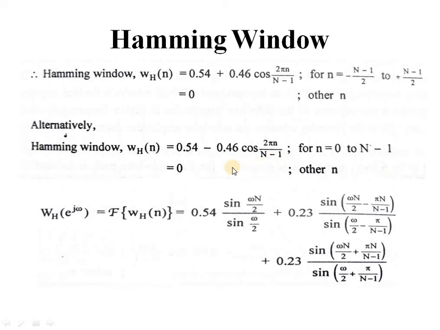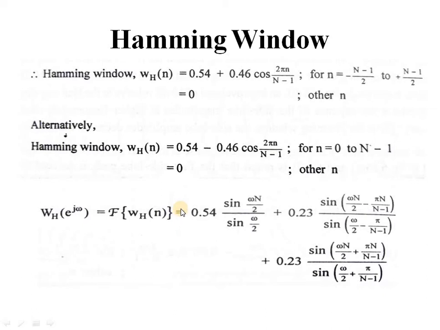And the frequency response, or the frequency spectrum, of the Hamming windowing sequence is obtained by taking the Fourier transform of the Hamming windowing sequence, which can also be obtained from the earlier raised cosine window by putting A equal to 0.54. This expression represents the frequency spectrum of the Hamming window.